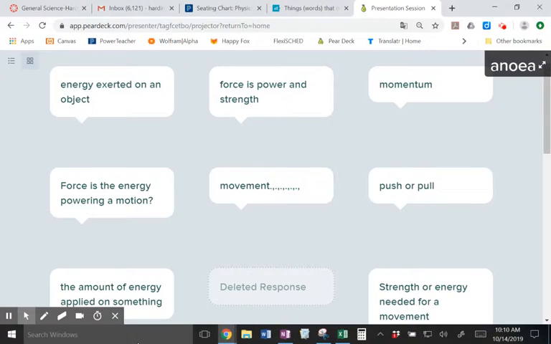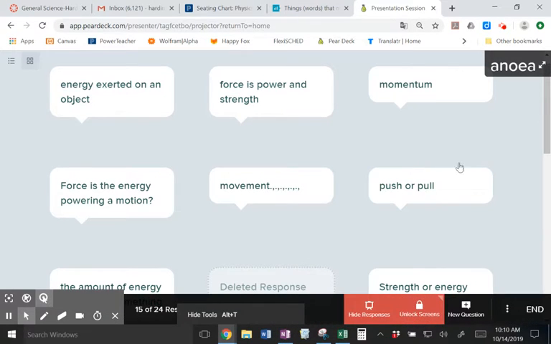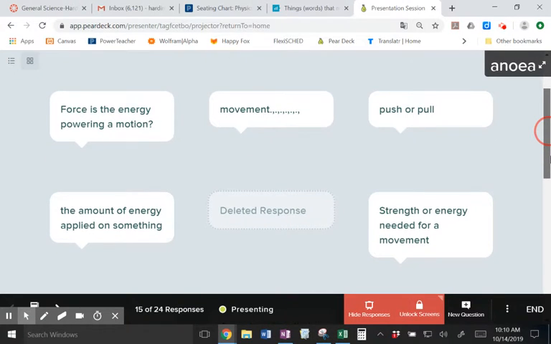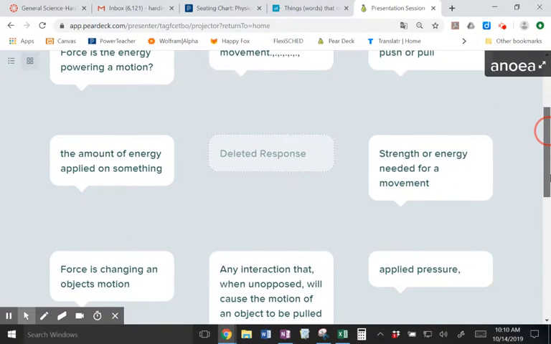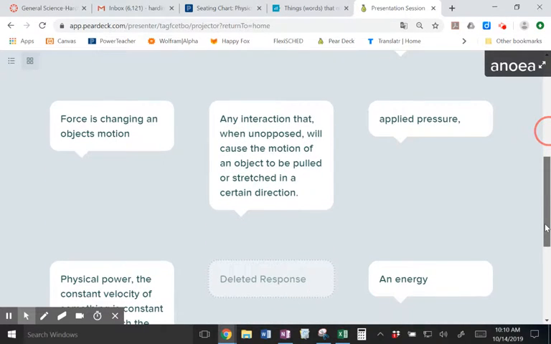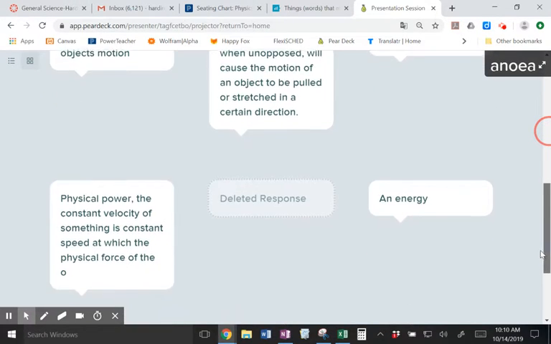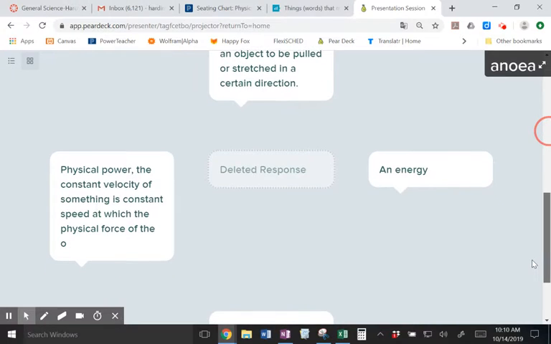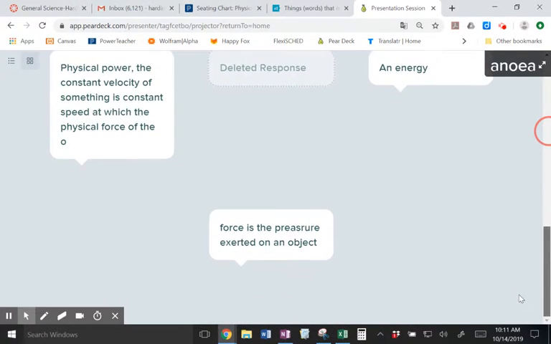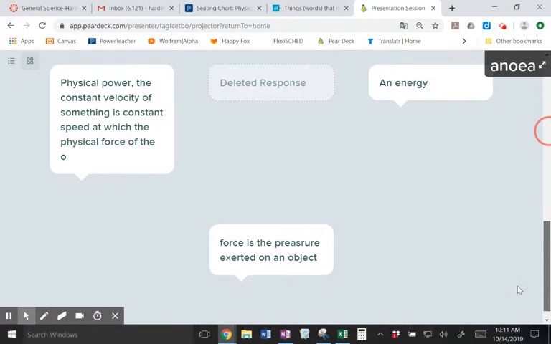So we have energy exerted on an object, forces power and strength, momentum, energy powering a motion, movement, push or pull, amount of energy applied on something, strength or energy needed for movement, forces changing an object's motion. Any reaction that, when unopposed, will cause the motion of an object to be pulled or stretched in a certain direction. Applied pressure, physical power, the pressure exerted on an object.